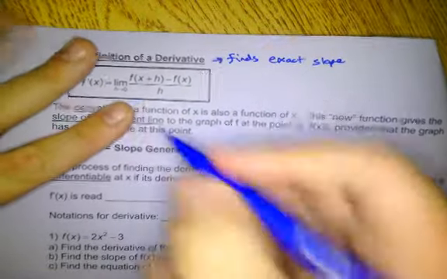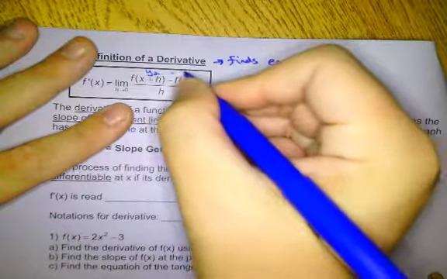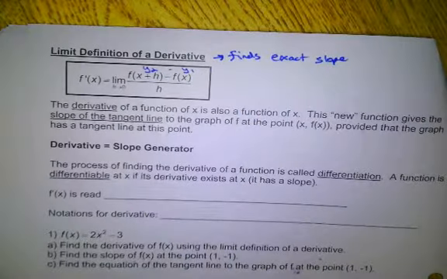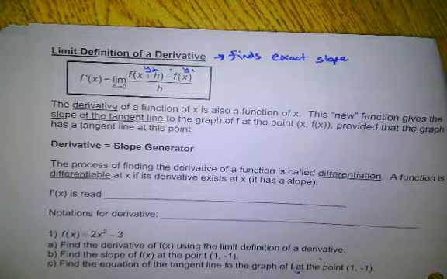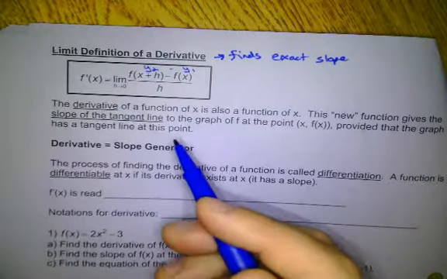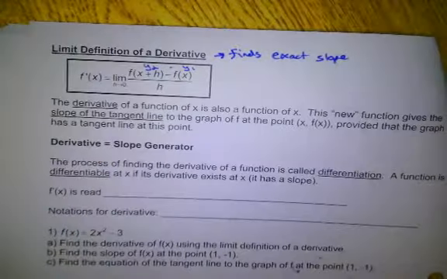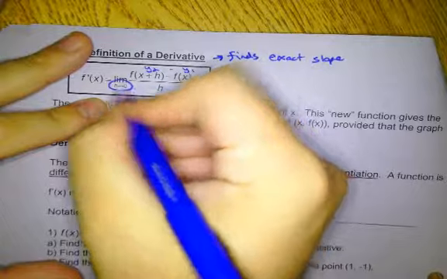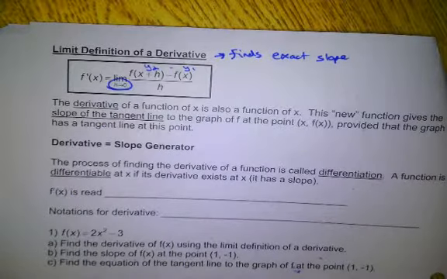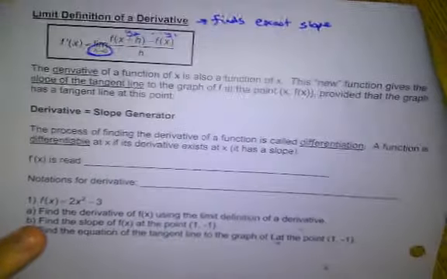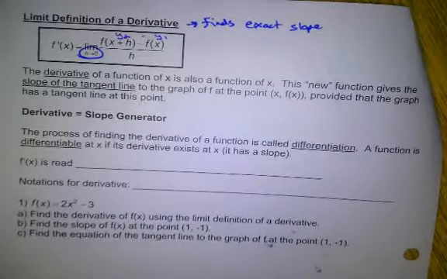It's that y2 minus y1. So this really is like y2 minus y1. Alright, and my x's, I only have one x because I made it so close that there's only just one x spot. So this h is really the two x's being subtracted. But I'm taking that h and I'm making it go to 0. So this is going to find me my exact slope at that point.